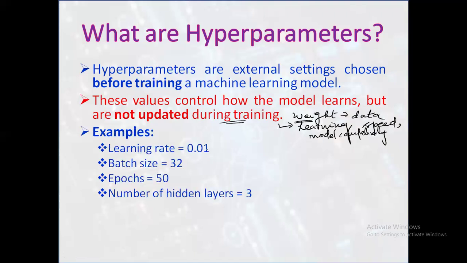If you take the example, the learning rate is one of several hyperparameters commonly used in machine learning, and choosing them appropriately can significantly affect model performance.